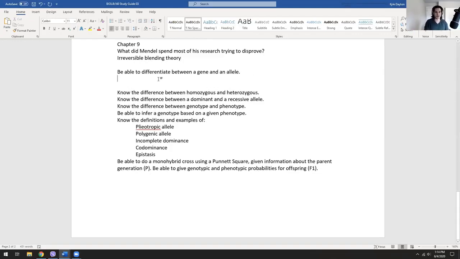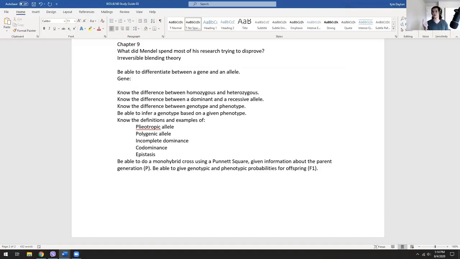Be able to differentiate between a gene and an allele. So a gene, that's going to be like, you've got genes for hair color, right? You don't just have one allele for hair color. You actually have two.